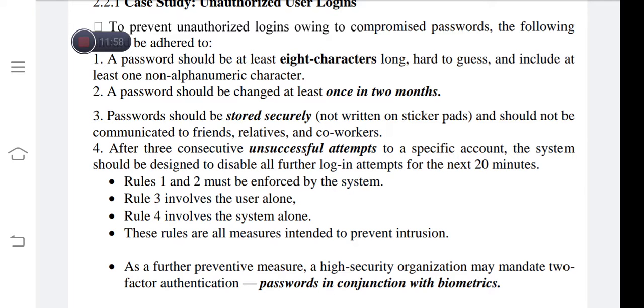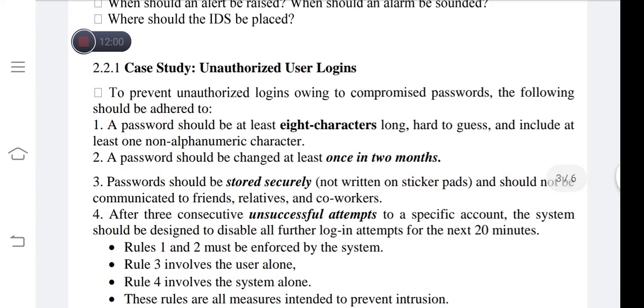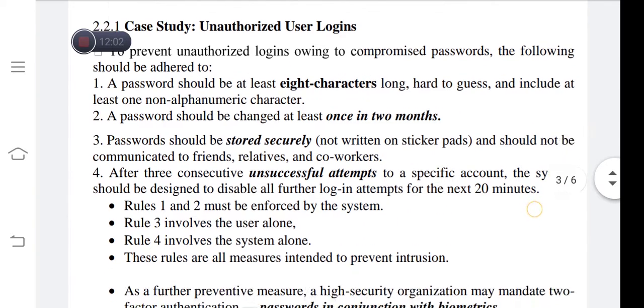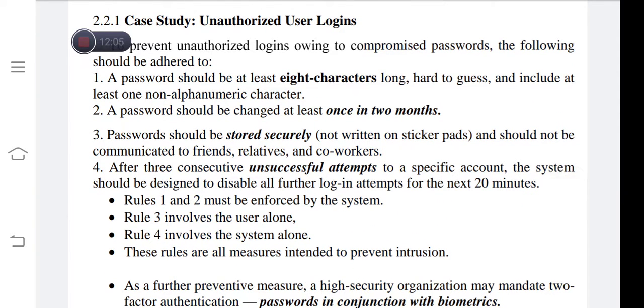So here we have discussed rules 1 to 4 for password creation. Rules 1 and 2 are enforced by the system, that is, the constraints given from the system side. Rule 3 involves the user alone, because the password, whatever he knows, he has to secure properly.